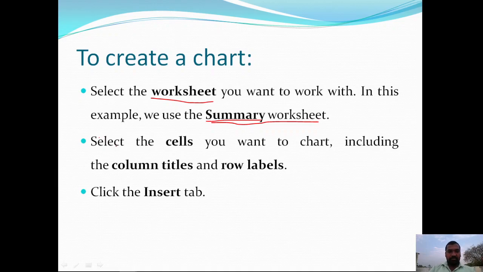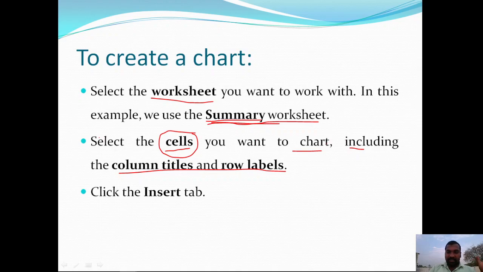Okay, now select the cells you want to chart. Select the cells for which you want to create a chart. Those cells must include column titles and row labels, if any. So select the data source by selecting several cells that are available in the summary worksheet.